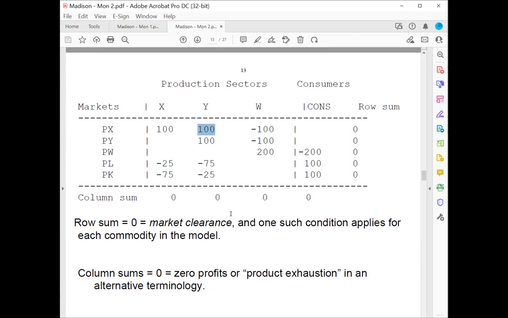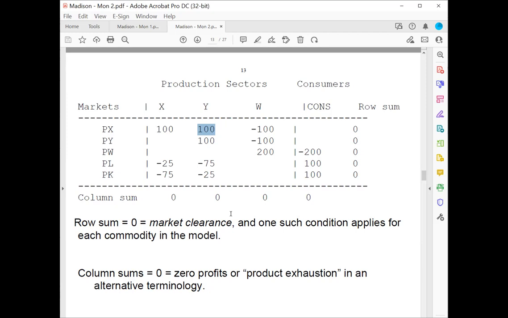Okay, so then the row sums, what are row sums? Row sums are market clearing. So in the case, ignoring that typo in my slide, X produces 100 units of output, and it's purchased by the utility sector. The row sum is 0, meaning that the demand for utility equals the supply. Or sorry, the demand for X equals the supply.